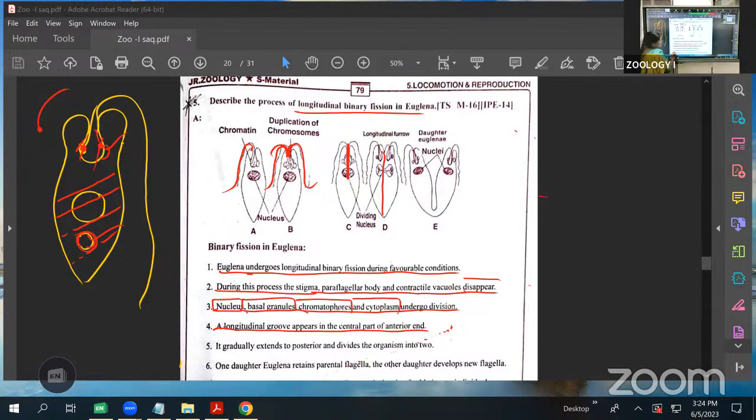Gradually, it extends posteriorly and divides the organism into two. Here, one daughter Euglena retains the parental flagella. The other daughter individual prepares its own. One is taken from the parent, another is formed by itself. Here, next, this one is the diagram. So see the diagram.